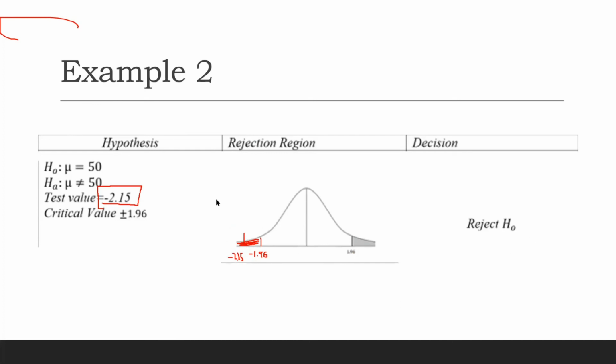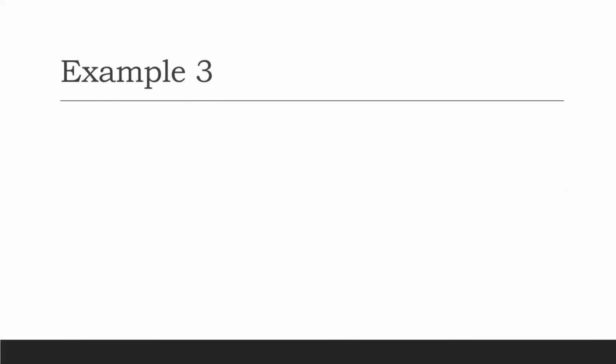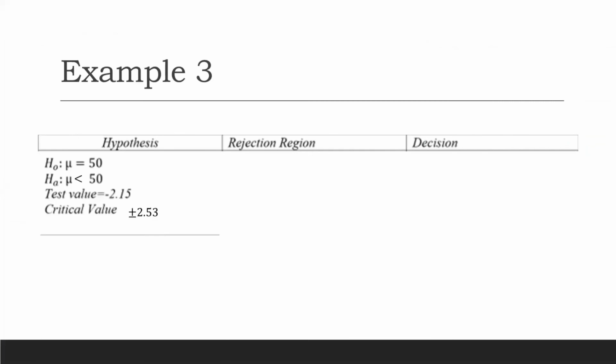Next nating example and last example is example number 3. Yan. The hypothesis is, the null hypothesis is equal to 50 and the alternative hypothesis is less than 50, and the test value is negative 2.15 and the critical value is negative 2.53.